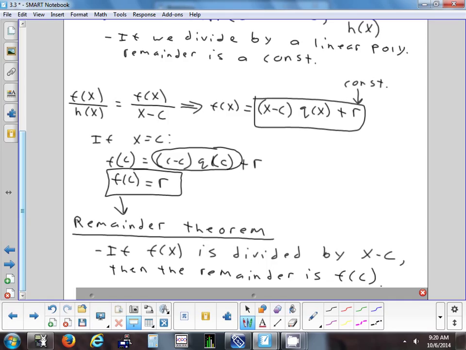If you divide by something linear and you want to know the remainder, just plug c into the original function, and that's your remainder. The reason why is because this whole part right here disappears, and all you're left with is r. So it's a little shortcut to find the remainder.